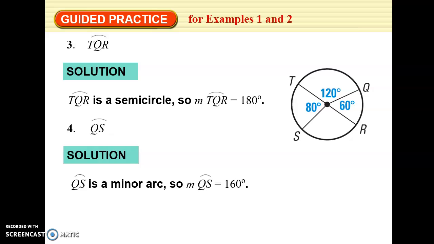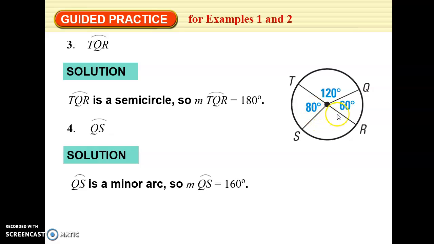Sorry, I skipped this one. QS in this equation is this part. What we do, we have to find the value of SR to get the result that will be 180. See, it's 360 minus 80 minus 120 and 60, or because it's a semicircle, 180 minus 80 is 100.